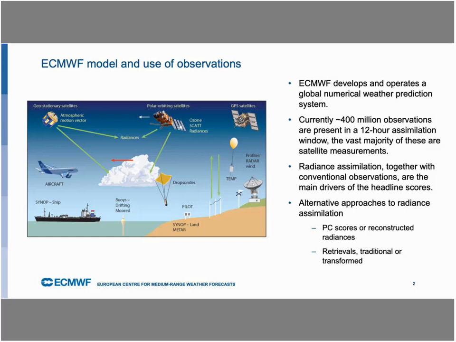Another alternative approach is to assimilate retrievals, either traditional, like temperature and humidity retrievals, or then these traditional retrievals can be transformed in a way that the error characteristics of the retrievals are possibly more favorable for assimilation. But in this study, the focus has been on traditional retrievals, so temperature and humidity retrievals, without any transformation done.